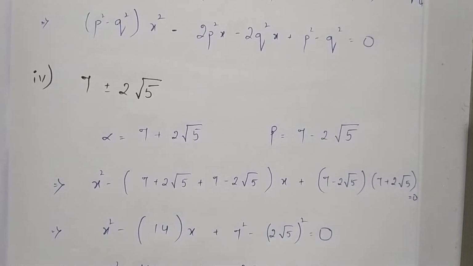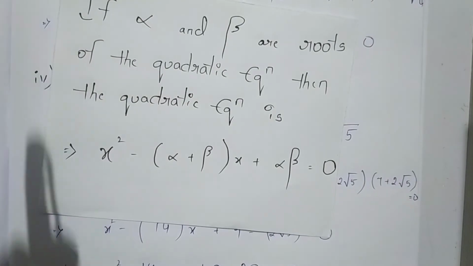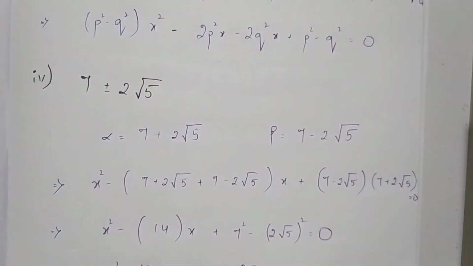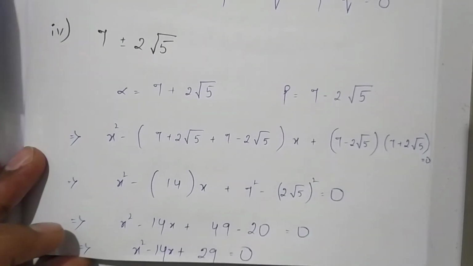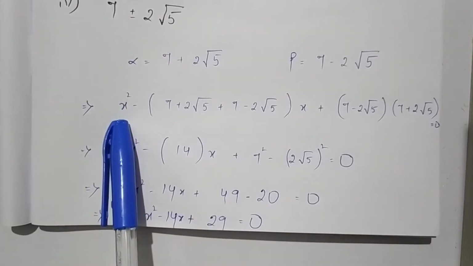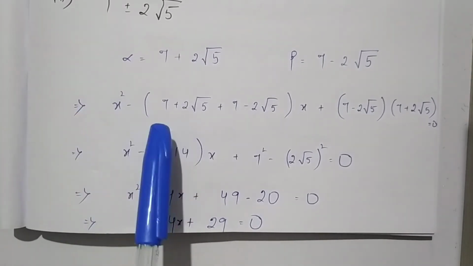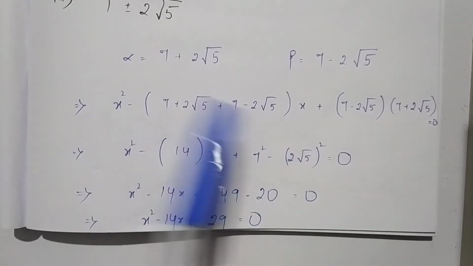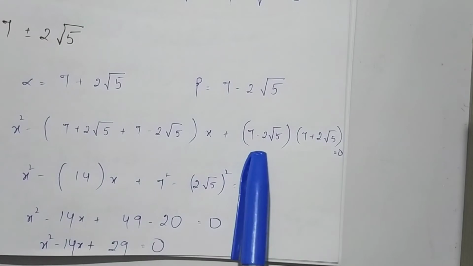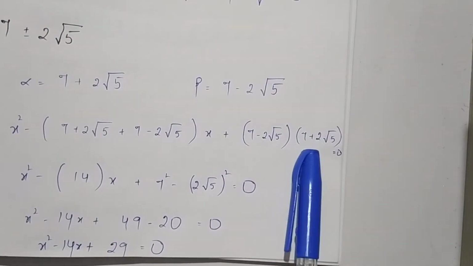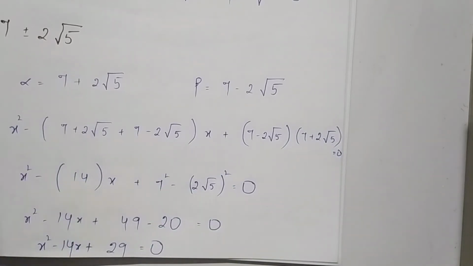Now we substitute the values of alpha and beta in this equation, and we will get x square minus (7 plus 2 root 5 plus 7 minus 2 root 5) into x plus (7 minus 2 root 5) into (7 plus 2 root 5) is equal to 0.